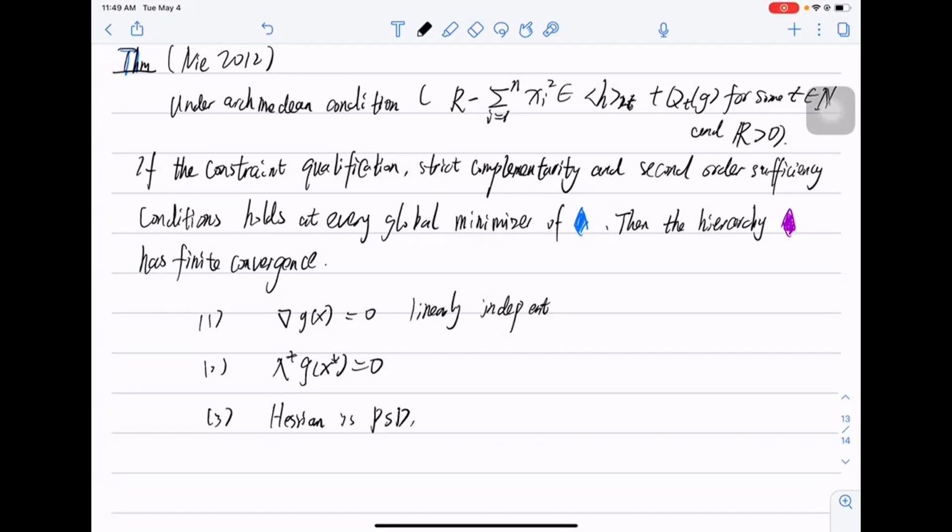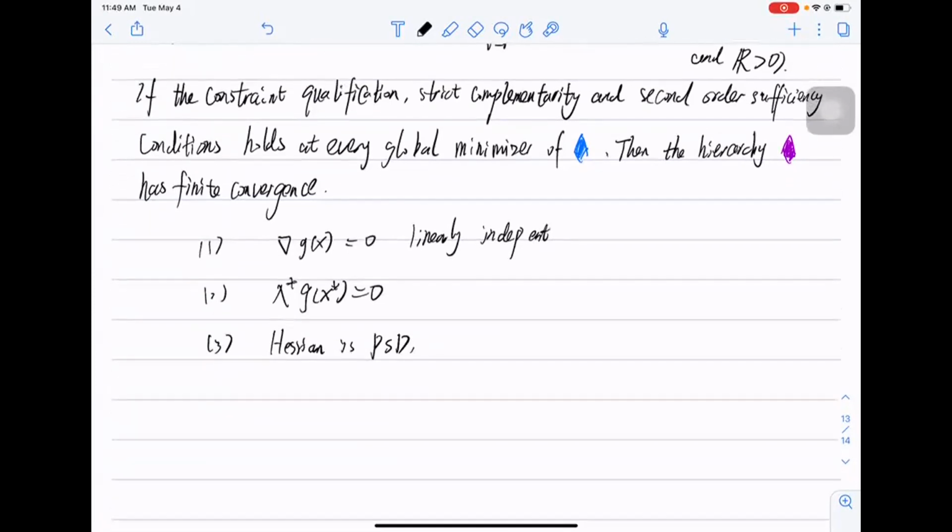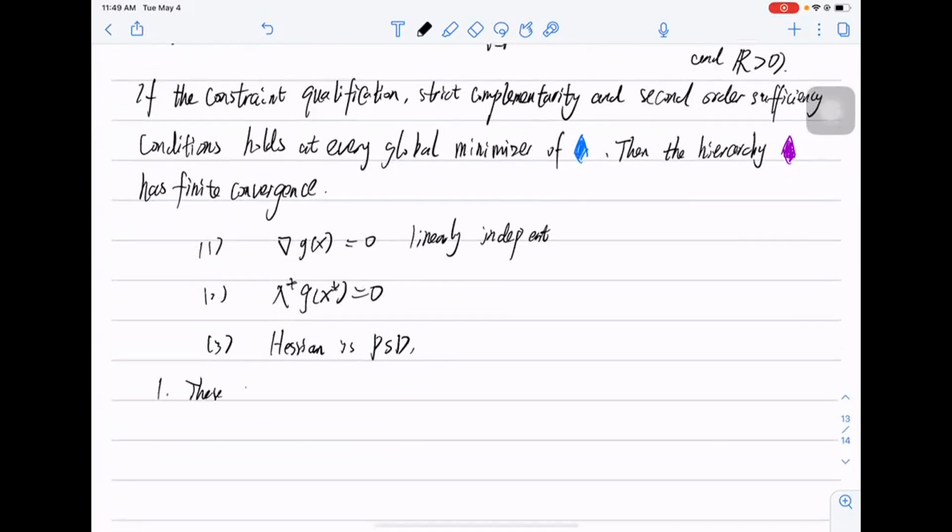But basically, this property holds generically. That means for most of the problems you see in practice, you will have this finite convergence property.